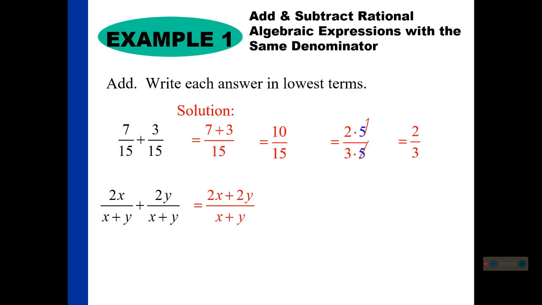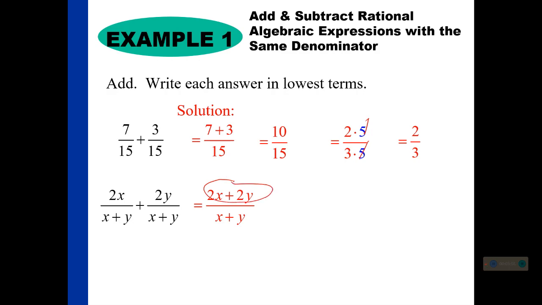On the second example, we have 2x over x plus y plus 2y over x plus y. So we have here 2x plus 2y over x plus y. As you have noticed, our numerator can be factored because it has the common factor 2.